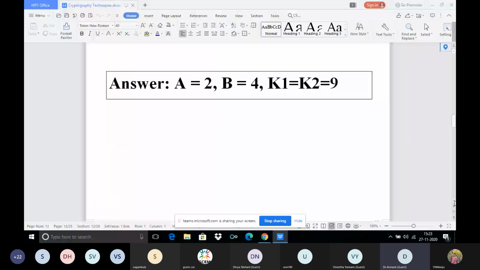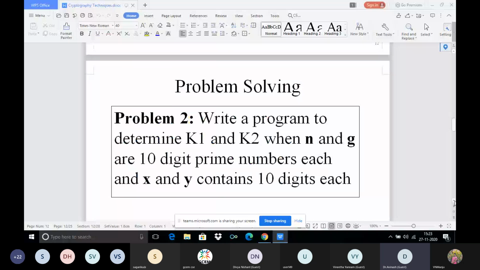So another problem, okay. We can write a program. This is the practical session which we can conduct in our laboratories in order to generate the keys. We can ask our students to write a program to determine K1 and K2 when N and G are 10 digit prime numbers each, and X and Y contain 10 digits each.